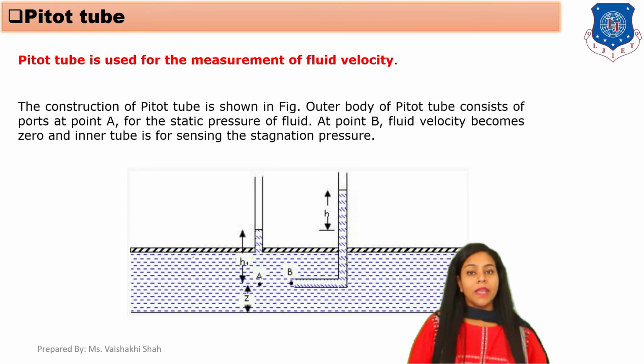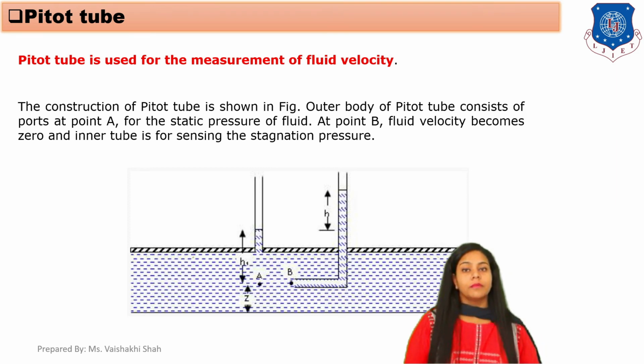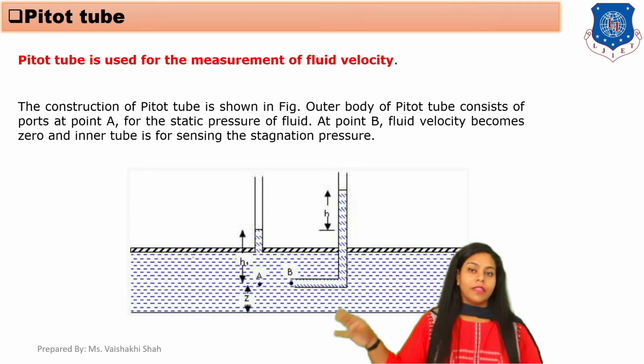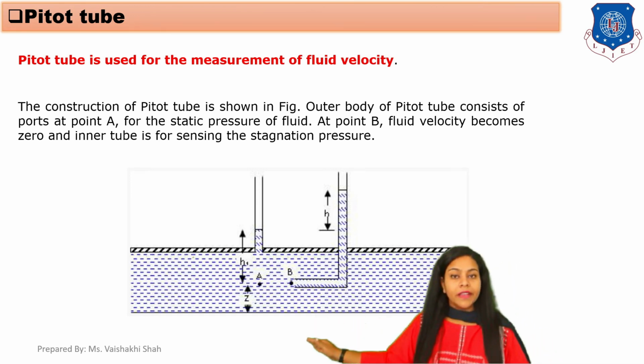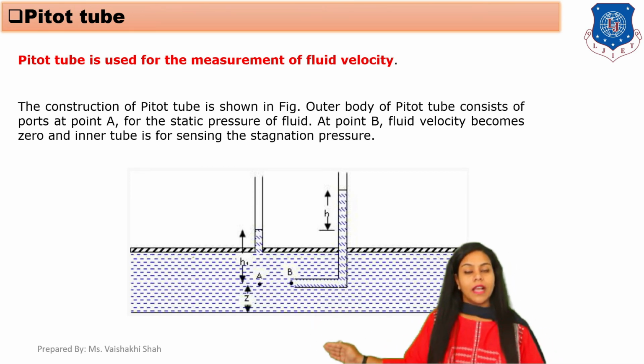So point B becomes the stagnation point, where the velocity of fluid is considered 0. At point B the stagnation pressure is applied.